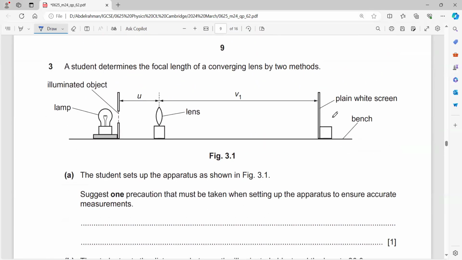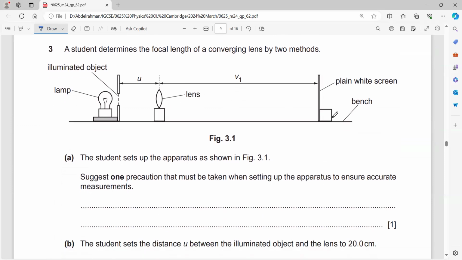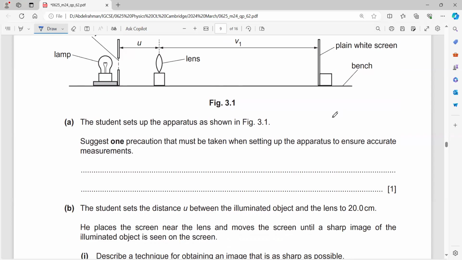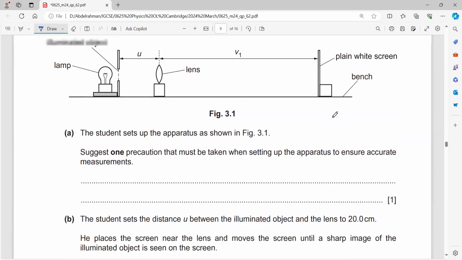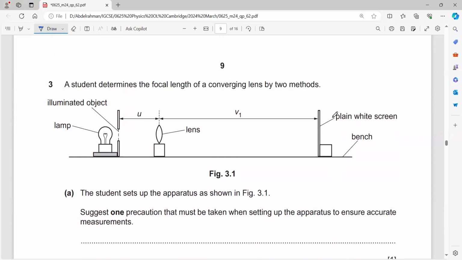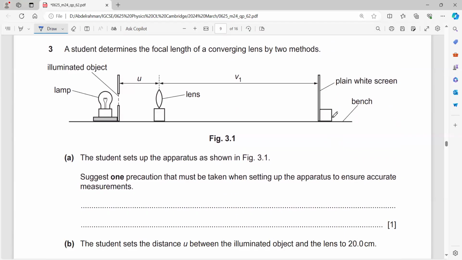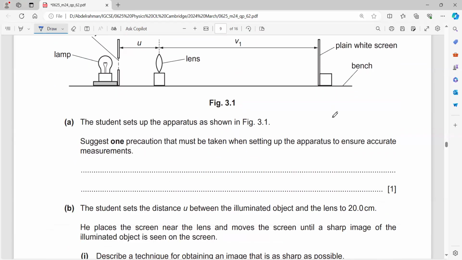Question 3, we have a converging lens, an object and a screen. The student sets up the apparatus as shown. Suggest one precaution that must be taken when setting up the apparatus. Again, one of the most famous precautions while dealing with an illuminated object, a lens, and a screen is to make sure that they are all perpendicular to the surface.